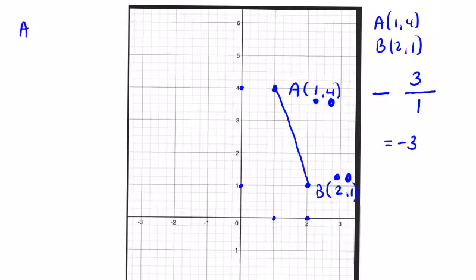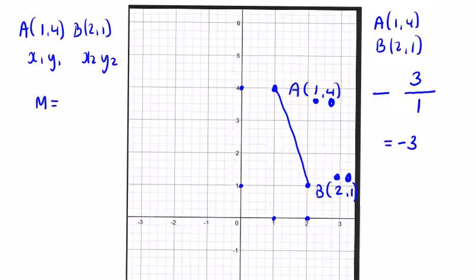If we use the formula, A, 1, 4, B, 2, 1. We label our points X1, Y1, X2, Y2, and we write M for slope. We write the formula out, Y2 minus Y1 over X2 minus X1.